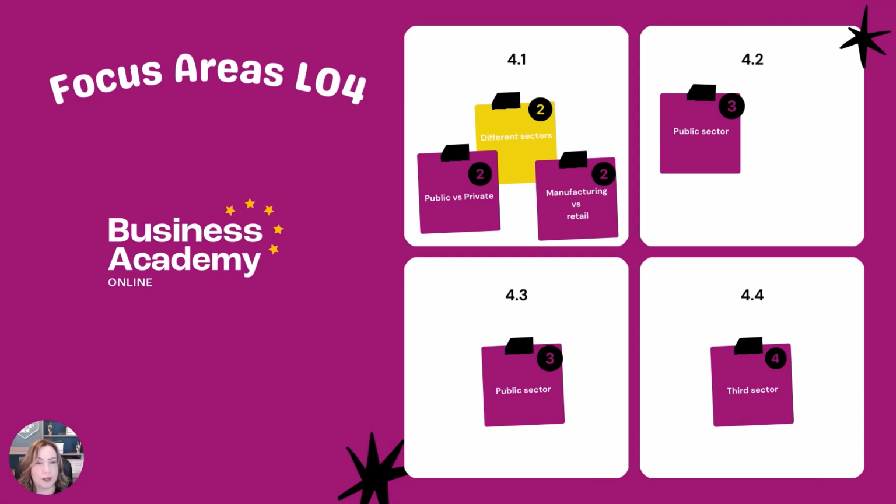In 4.1, we've got the different sectors, which came up twice, manufacturing versus retail, which has also come up twice, and public versus private, which has come up twice. In 4.2, we've got public sector, that's come up 3 times now. 4.3 is private sector, which has also come up 3 times. And third sector in 4.4 has come up 4 times. So it is worth understanding that nuance.